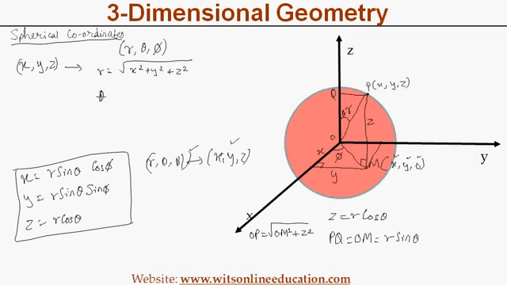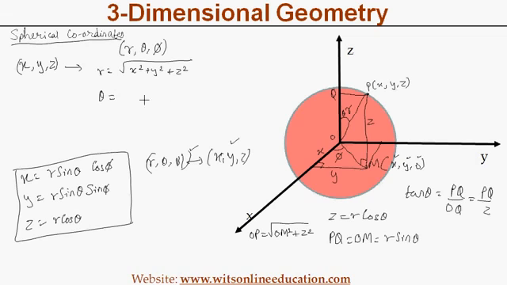Now we'll find theta. In this triangle OPQ, we see that tan theta is equal to PQ upon OQ, and this OQ is Z. Now this PQ is equal to OM, and OM is equal to the square root of x square plus y square.